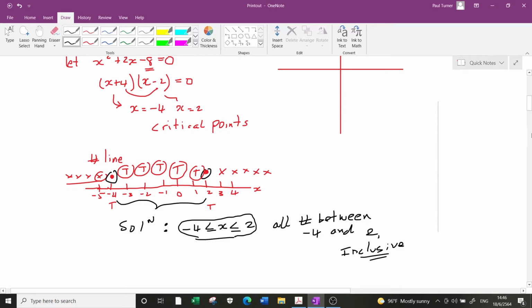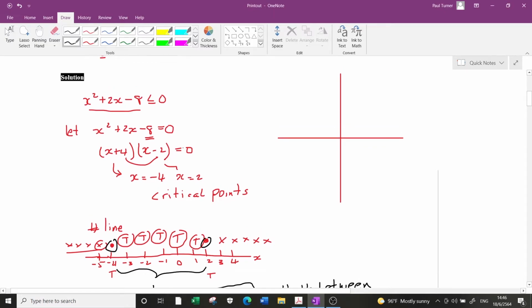Now, if you're going to do the graphing method, we can also do it. Notice that our critical points are -4 and 2. So I put them on the graph. 2 is here, then -4, -4 is here.